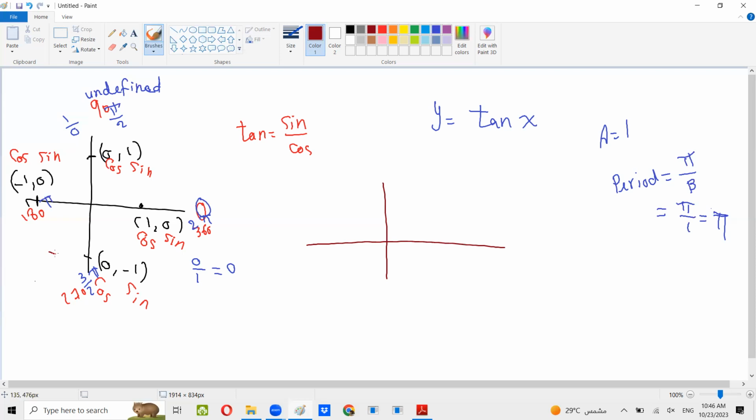Half of the right side is pi over 2, right? I want to divide pi half and half. The second is pi over 2 on the negative side. Clear? Okay, pi over 2 is undefined. Yes or not? Pi over 2 is undefined.